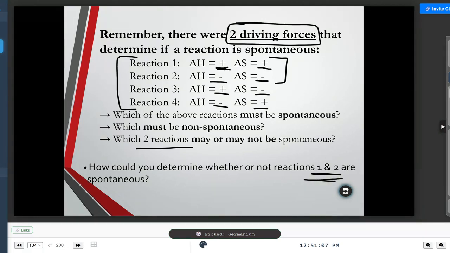So you're going to do a little turn and talk right now, and try to figure out what criteria we might be looking at to figure out whether or not something may or may not be spontaneous. So in reactions 1 and 2, think about those scenarios. What makes them either spontaneous or non-spontaneous? Go ahead and do a turn and talk.